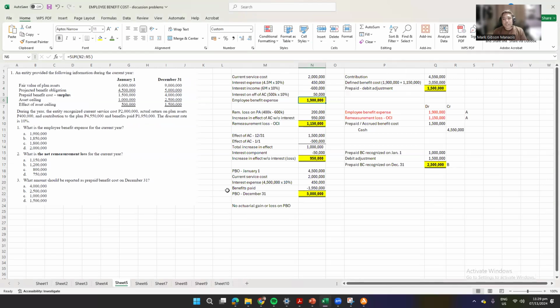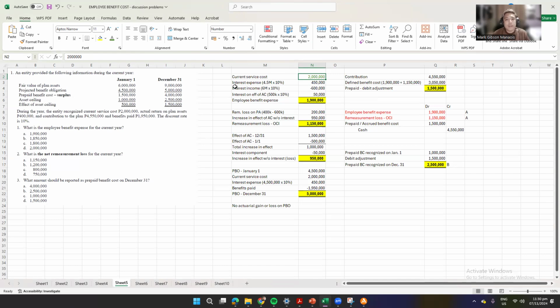Okay. So class, here we'll still follow the template that we have introduced earlier, no? But this time we'll include also the effect of the asset ceiling. Okay? So for the employee benefit expense, we have the current service costs of 2 million pesos.